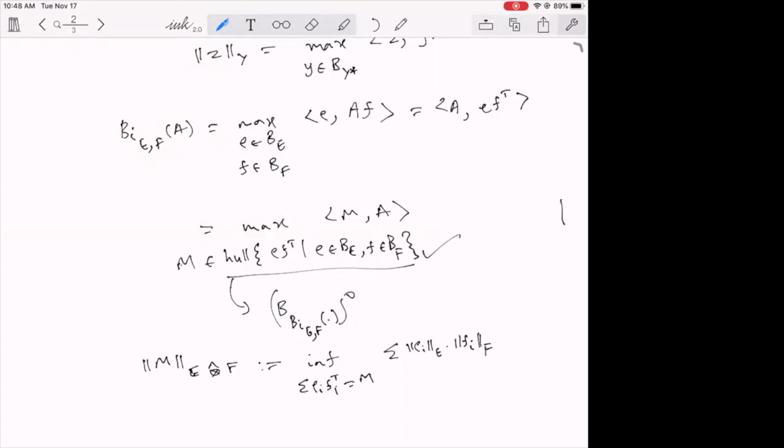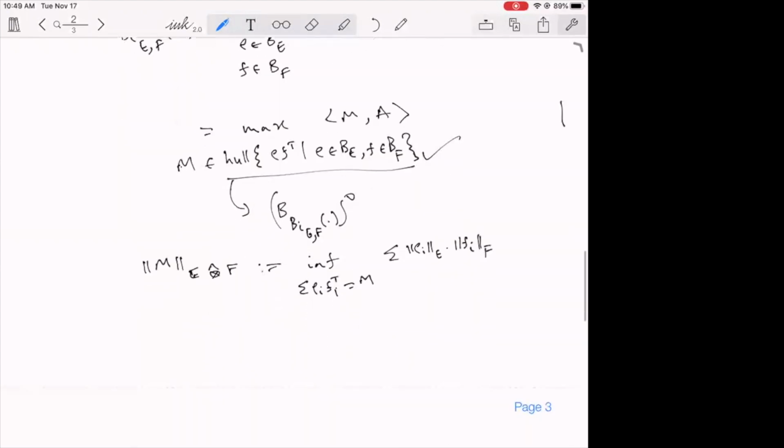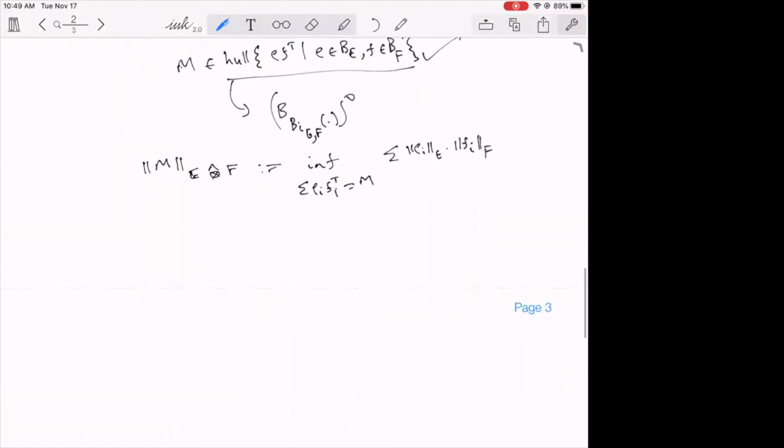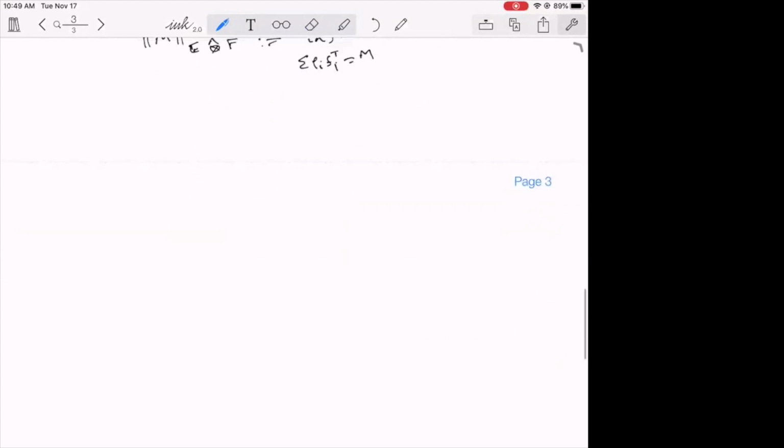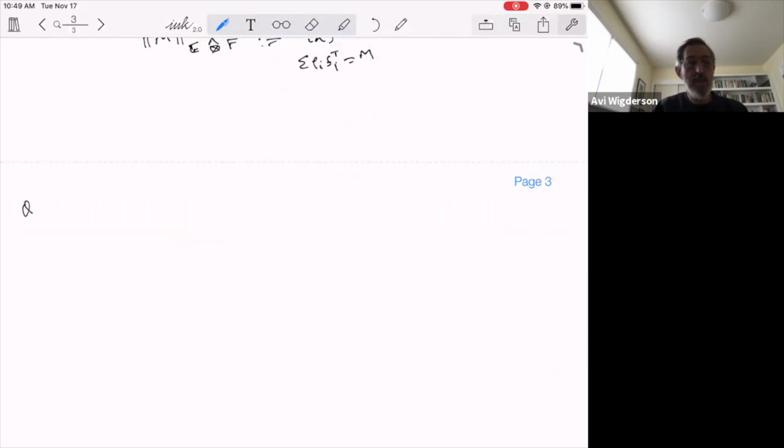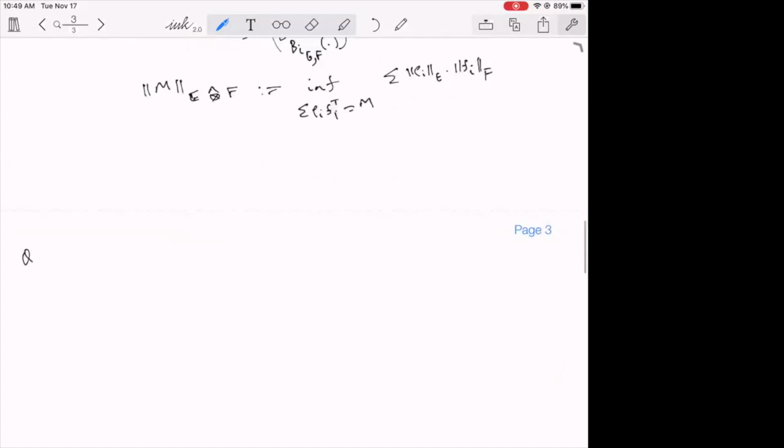Yeah. So now that we've defined bilinear maximization and its dual, I also want to define quadratic maximization. So you didn't define bilinear maximization yet, or the norm; just computing the norm is the definition of bilinear maximization. Yeah.